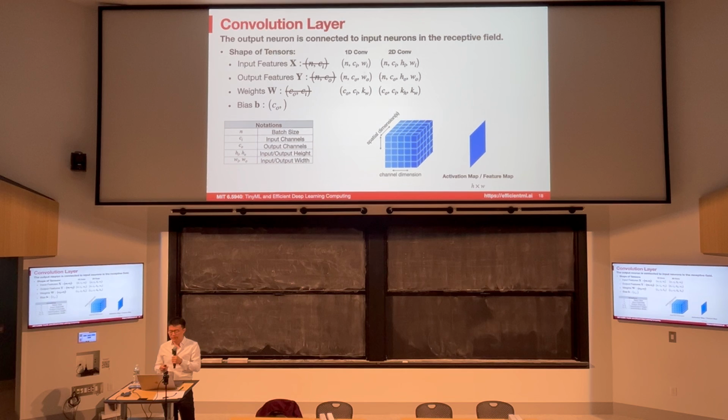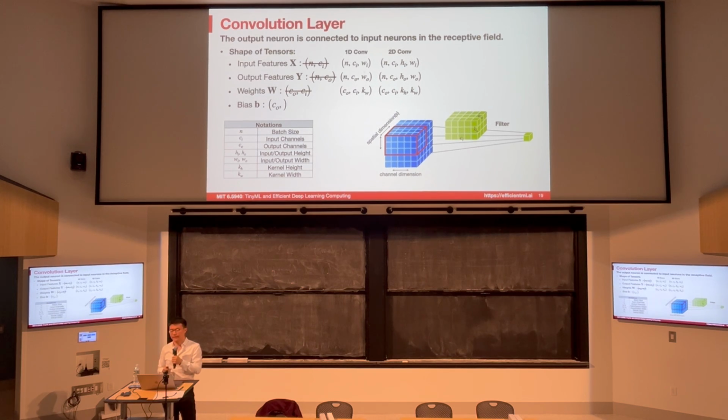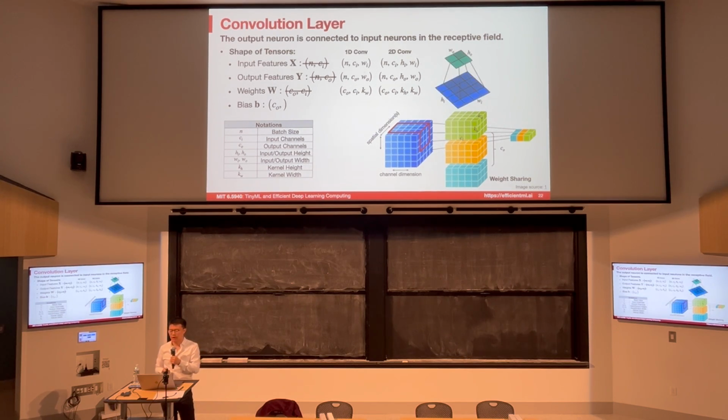So the activation map is H times W, imagining you have a picture, width is W, height is H, and then we apply a filter, which is KH by KW, the filter dimension for the H and W dimensions, with the same input channel dimension Ci. And then we have multiple such filters, 3 such filters, which is equal to Co in this case. We can shift it by 1 to get another output, shift by 2 to get another output, and we can shift in the other dimension and so on to get the output feature map, a 3 by 3 output feature map.